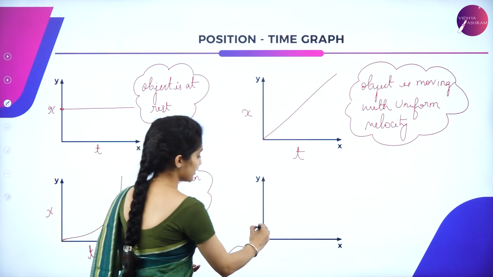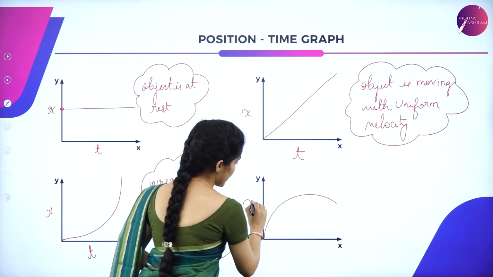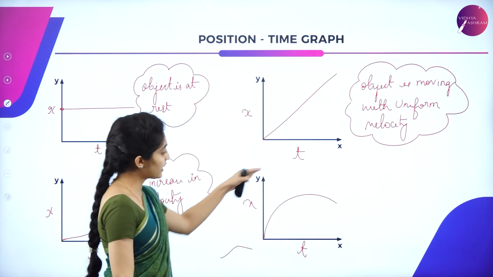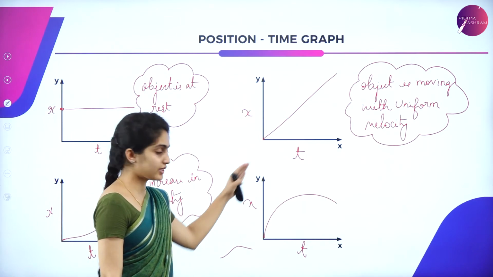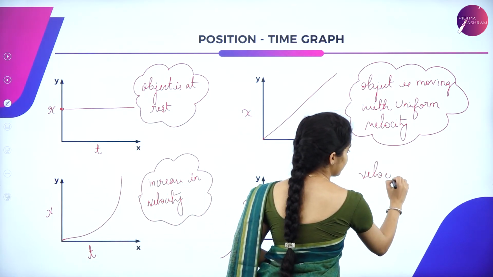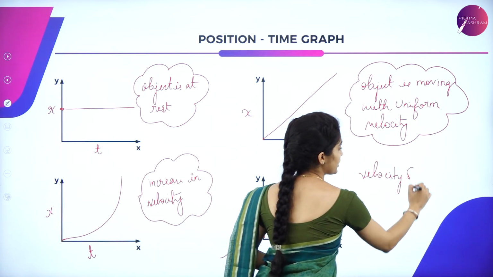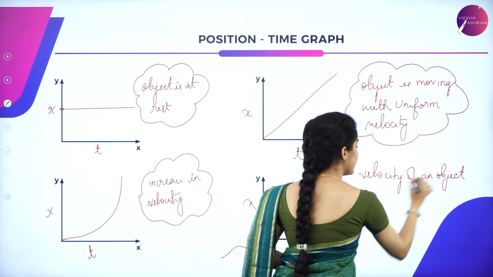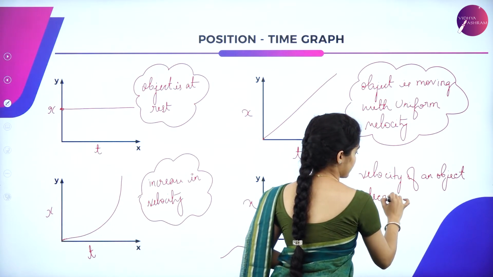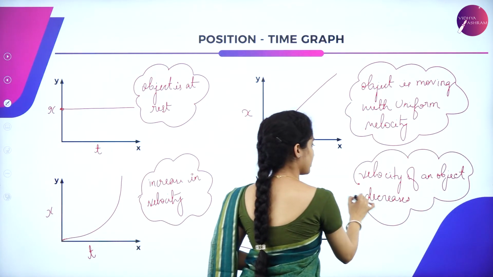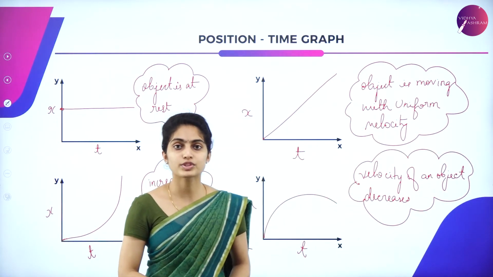Again, when this is a graph, on the x-axis it is time, on the y-axis it is the position. Again it is downward. The curve is represented downward. So what does it suggest? The velocity of an object decreases.